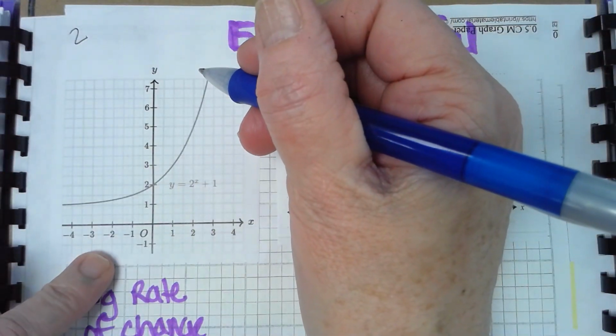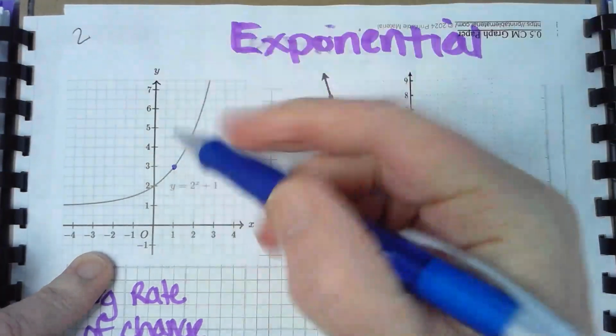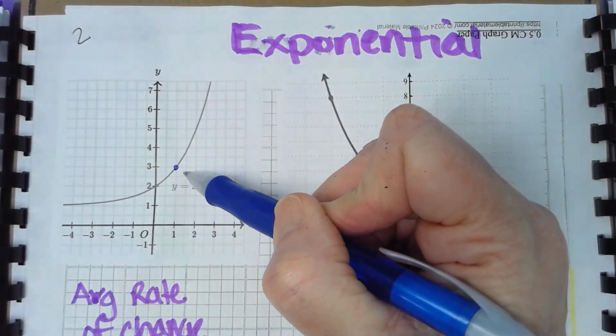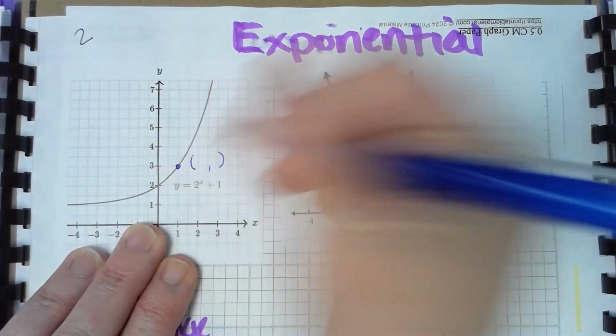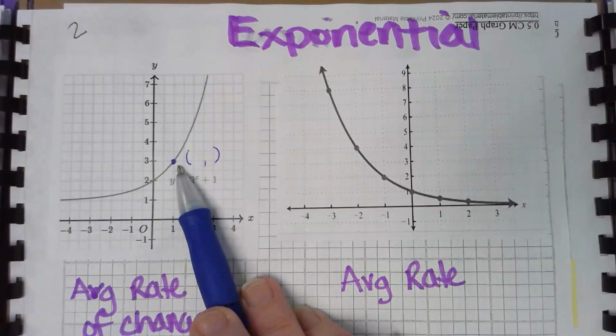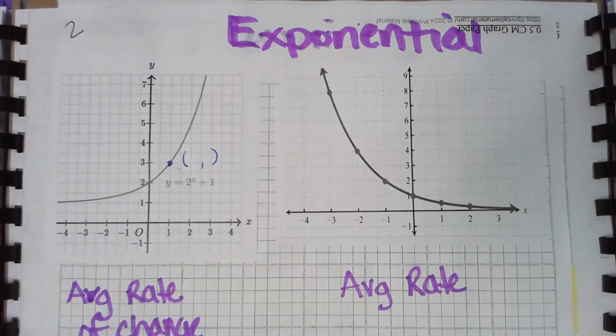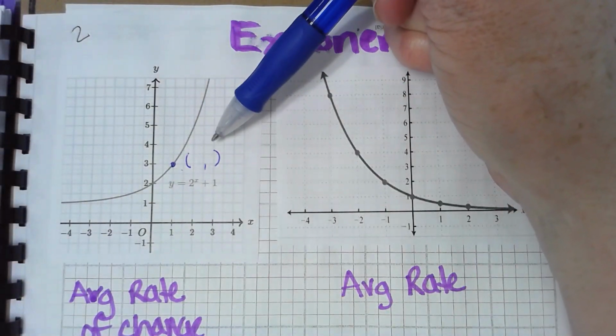Okay? So, let's start with this one here. First of all, I want you to put a point there, but I want you guys to tell me, what is that ordered pair? What is the ordered pair that represents that point? And y'all, we should be able to say this.